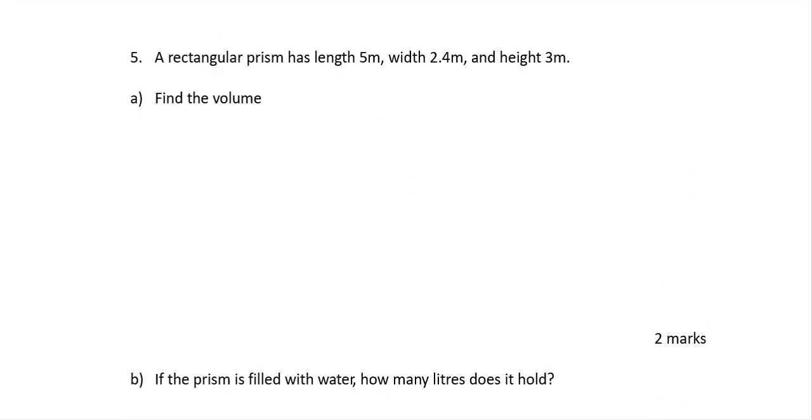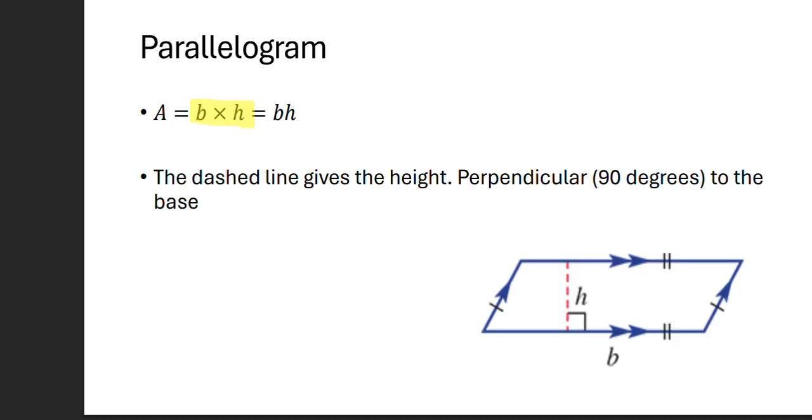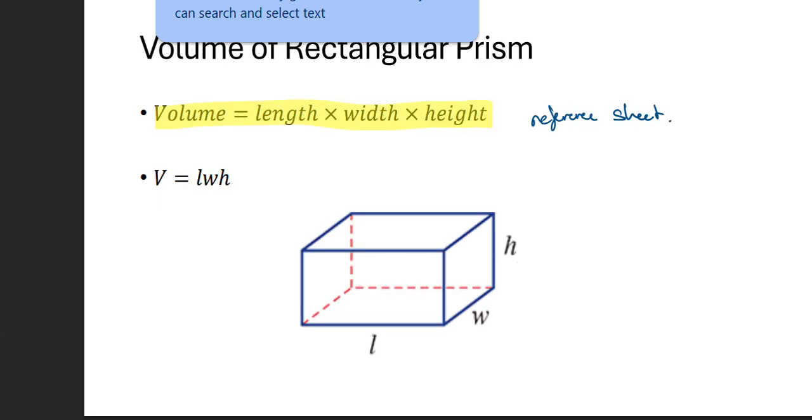Let's see. A rectangular prism has length 5, width 2.4, and height 3. Find the volume. So I would refer to my formula on volume of a rectangular prism, which is this one right here, okay? So length times width times height.